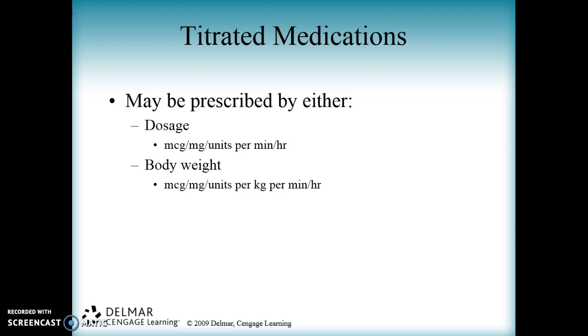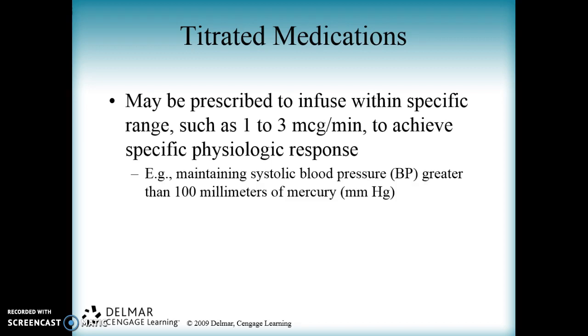So I've actually sent out a sample problem to all of you, but I want you to keep in mind that the key idea here is using the range. So this is an example. We have a particular drug to maintain systolic blood pressure, and in order to maintain that specific blood pressure of 100 millimeters of mercury, we want to give them of this particular drug anywhere between 1 and 3 micrograms per minute.